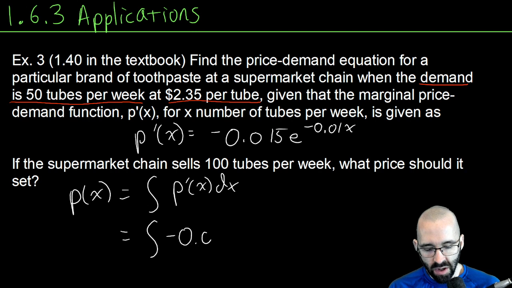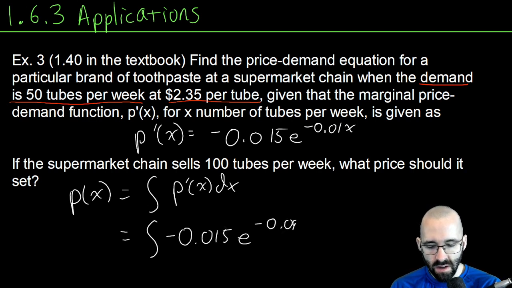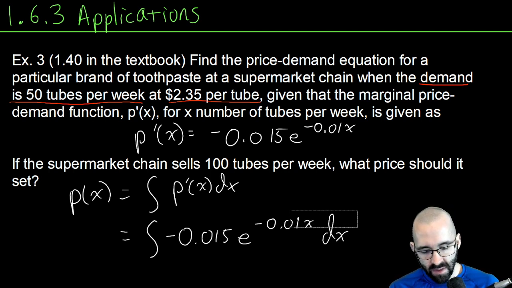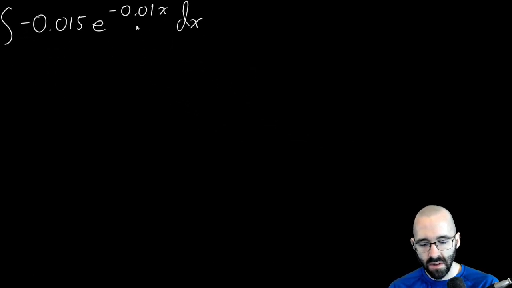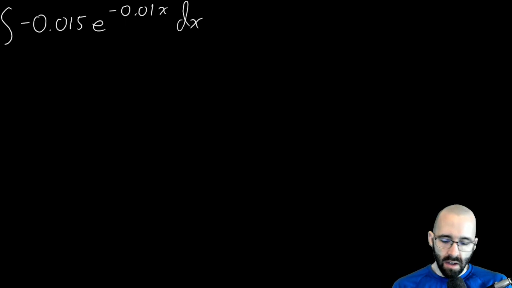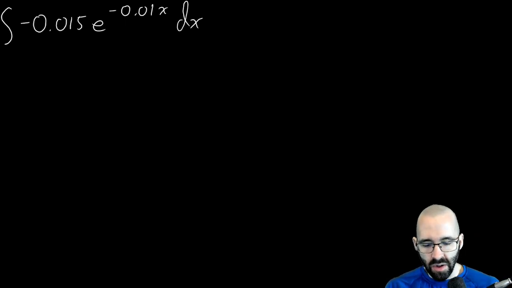which is the integral of negative 0.015 e to the negative 0.01x dx. We'll integrate this on the next page. We'll use a u substitution, and we can factor out a constant as well.